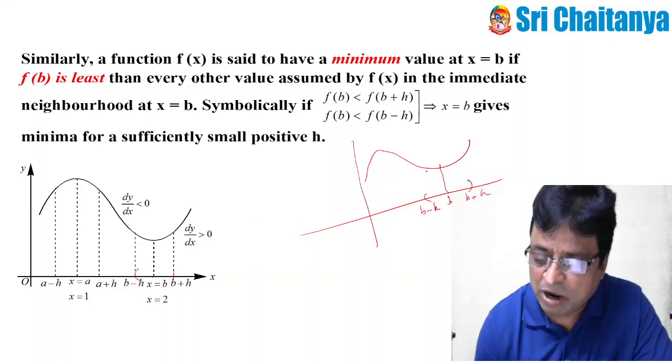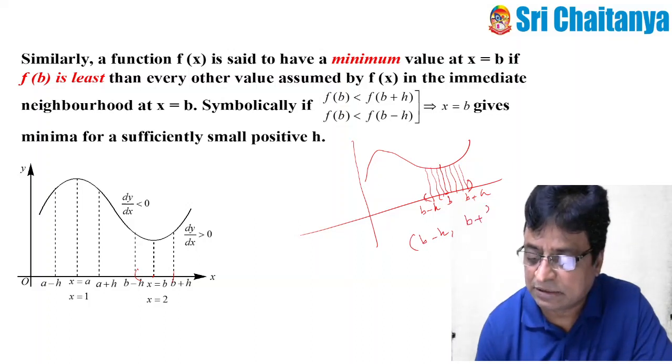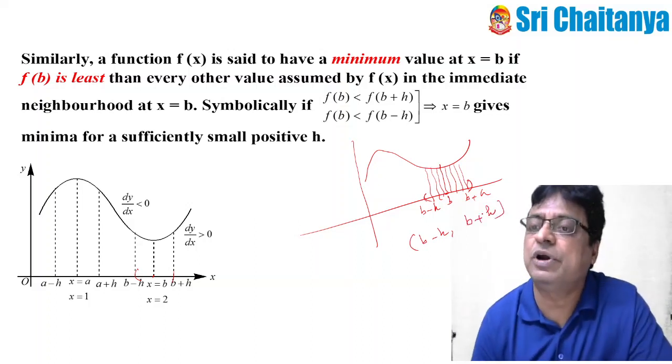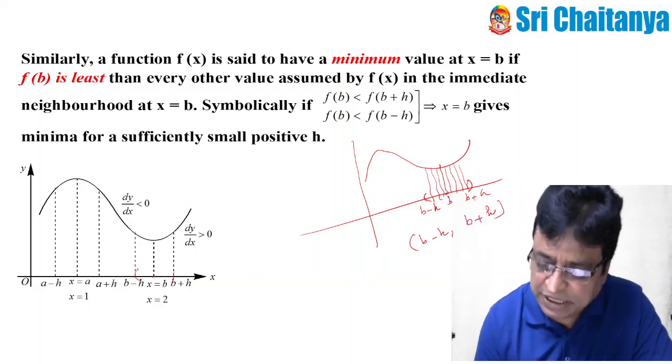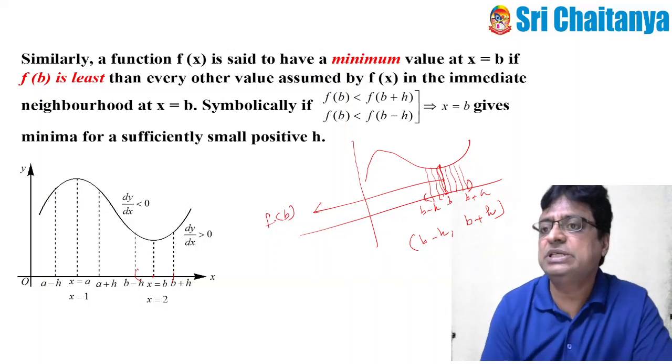Okay. Among all functional values of f in the neighborhood of b, where the open interval (b minus h, b plus h) is the smallest neighborhood of b, this value f of b is minimum.